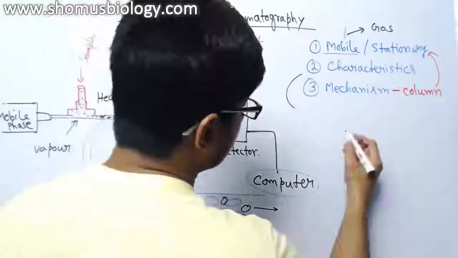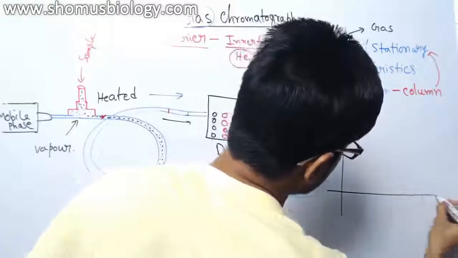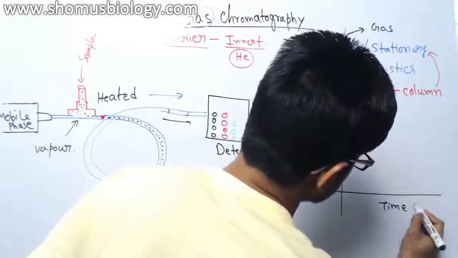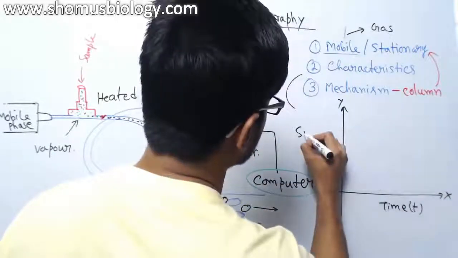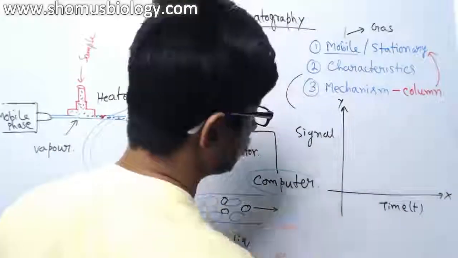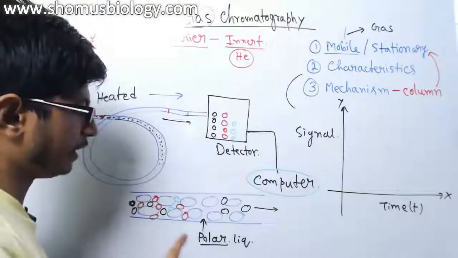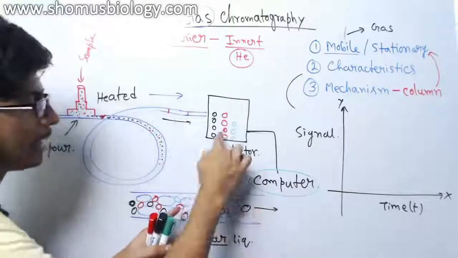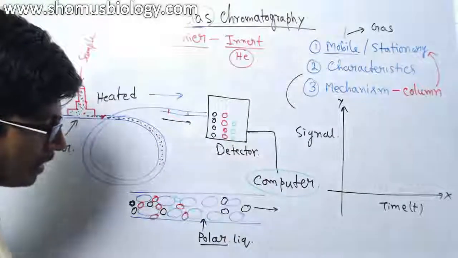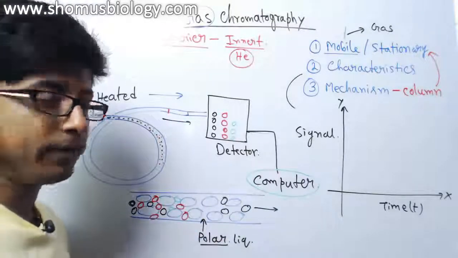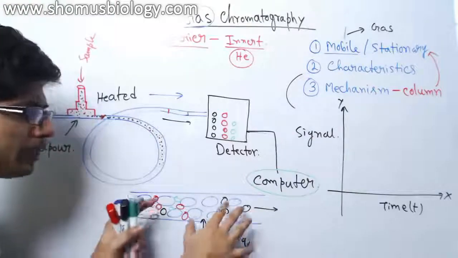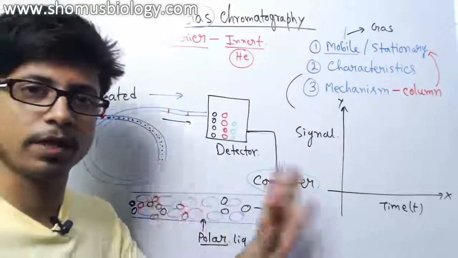We will have time on the x-axis. On the y-axis we have the signal, remember. So what we are receiving at the very first is black being transmitted out. Now, the concentration of this black does not matter for whether black will reach out first or second.